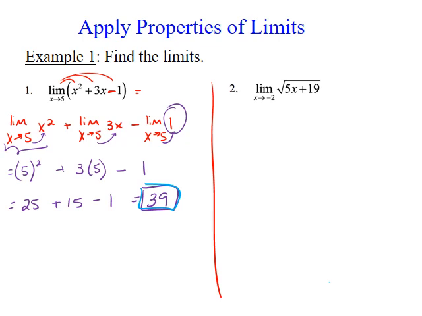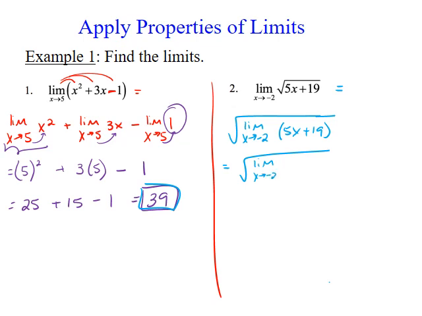This example over here can be rewritten in the following way. I can take the square root of the limit as x approaches -2 of this function. So, evaluating this limit the same way we did in the previous problem, this becomes the square root of the limit as x approaches -2 of 5x plus the limit as x approaches -2 of 19.